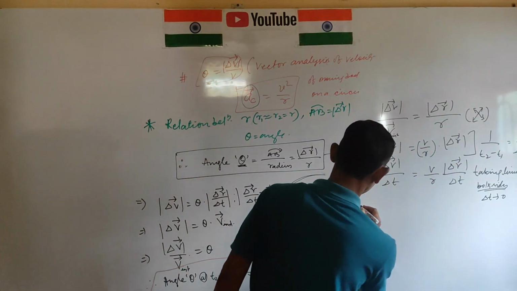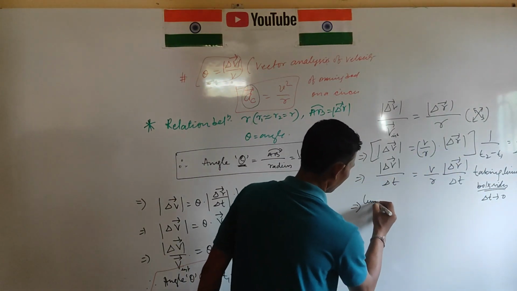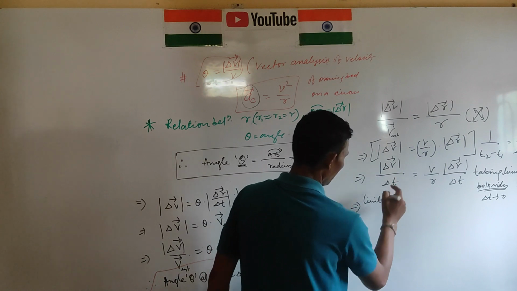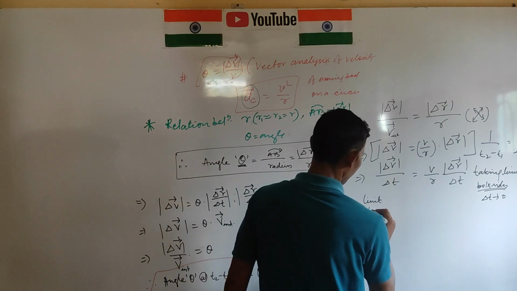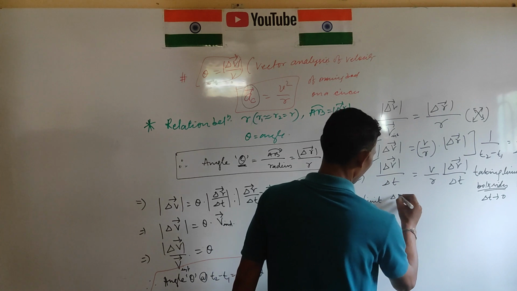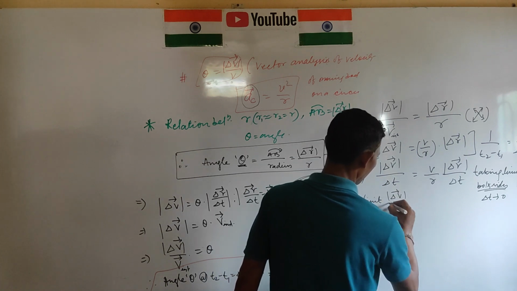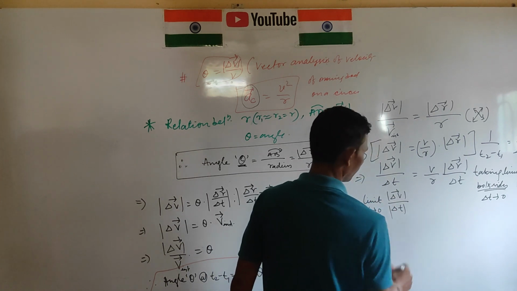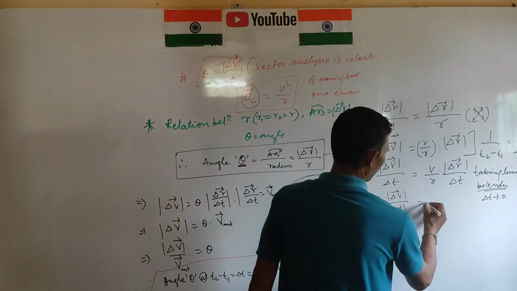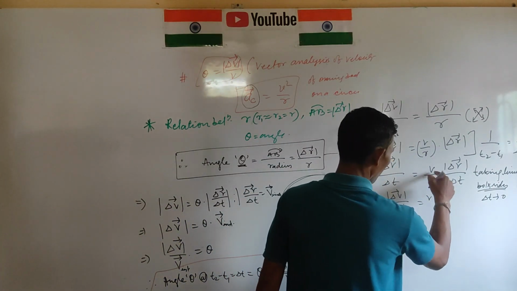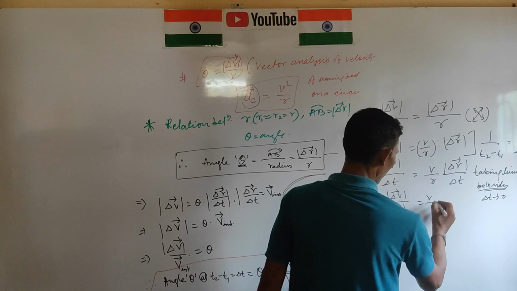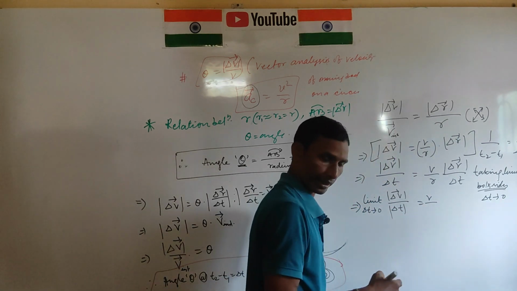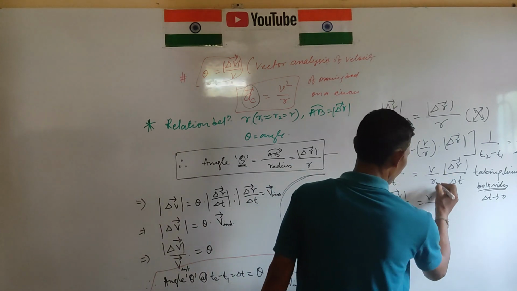Here the limit as delta t tends to 0 of delta v over delta t. This is the instantaneous velocity at the instantaneous time.